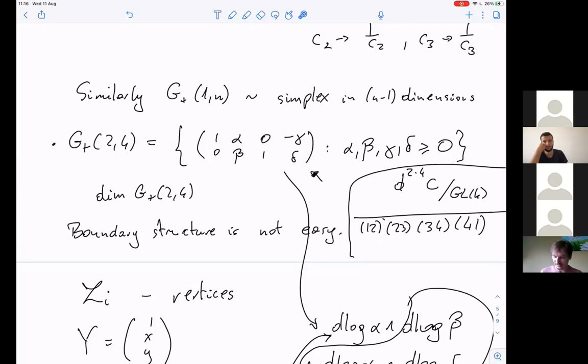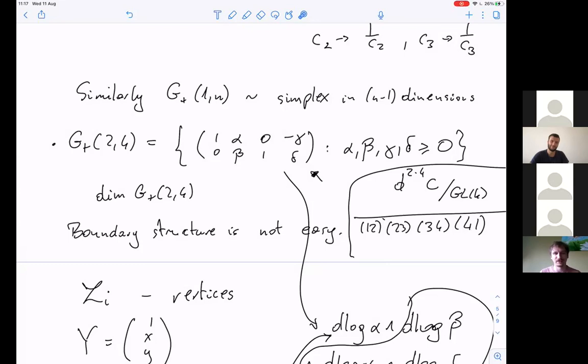Moreover, it has to have proper scaling. If I rescale all the C's by some common factor, then this should be invariant. Another thing we know is that this should be a canonical form on the positive part of the Grassmannian.